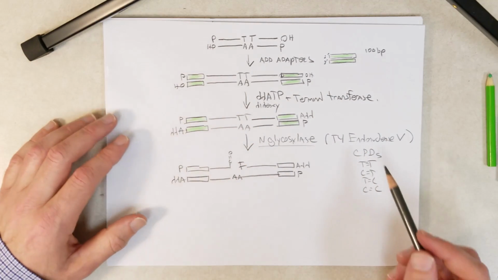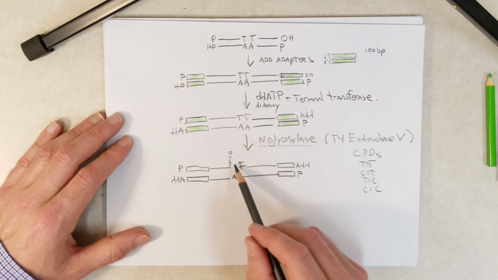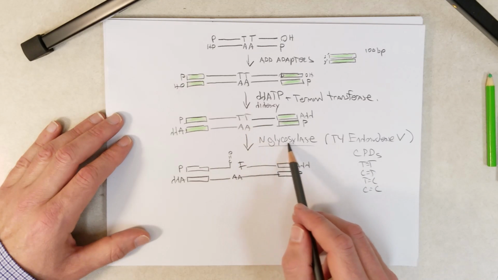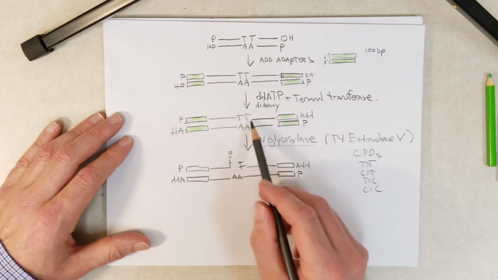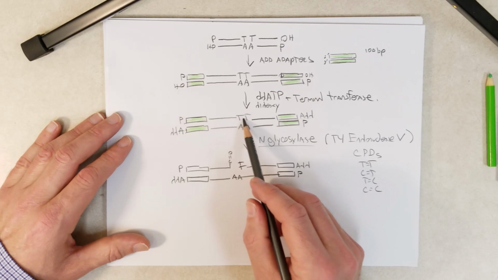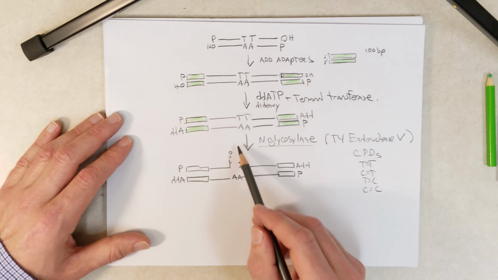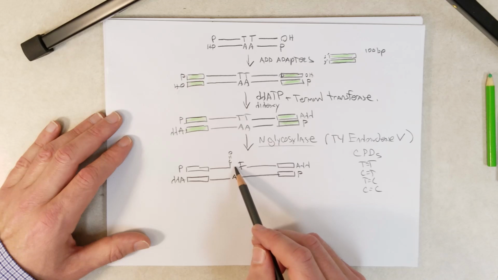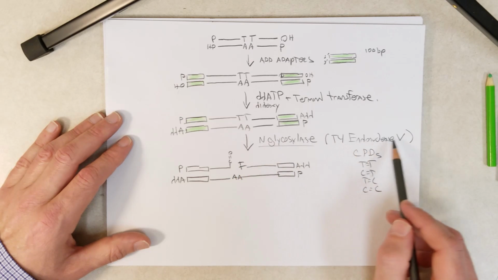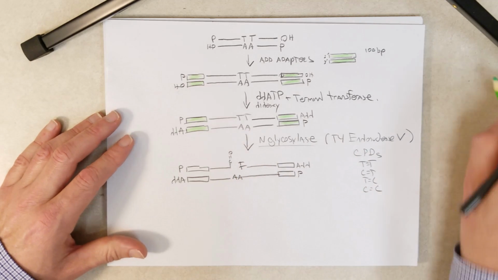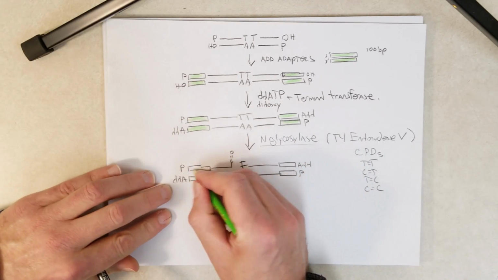Okay, so at this point, these molecules have been treated with N-glycosylase, and remember, this is just representative of millions of sequences that have CPDs in them. And the CPDs have been broken by T4 endonuclease 5. You can color these adapters in.